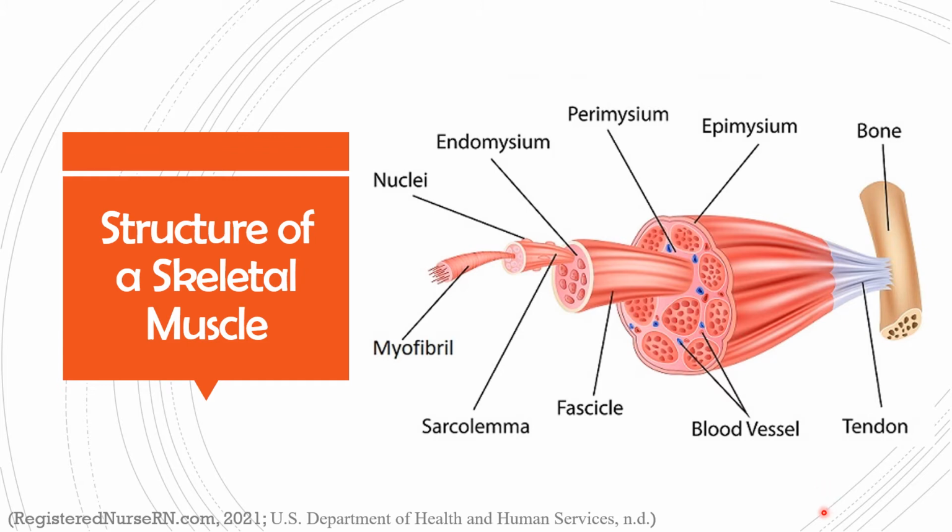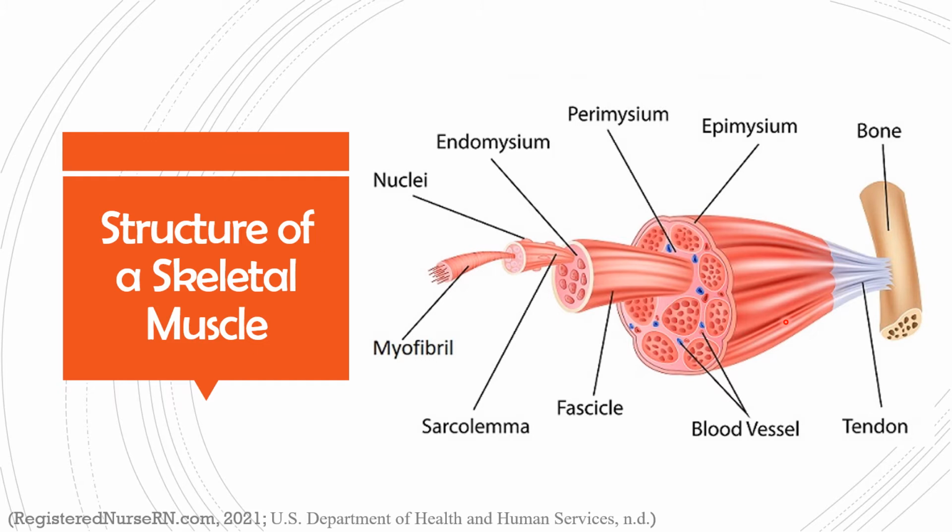You'll notice the outer layer of the connective tissue is the epimysium. Let me backtrack for just a moment. When we're learning about muscles, try to keep in mind that it's kind of like those Russian nesting dolls. It's what helps me organize it in my brain when I'm thinking about muscles and how they're compartmentalized and compact.